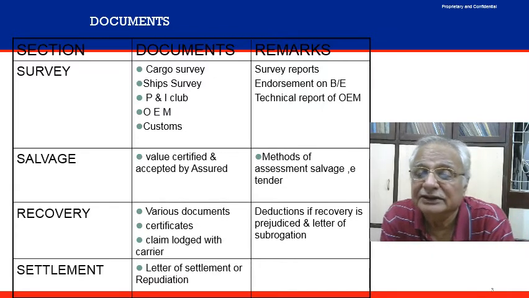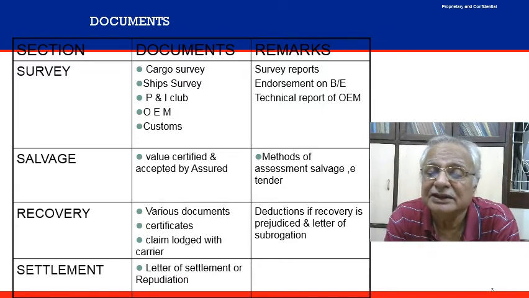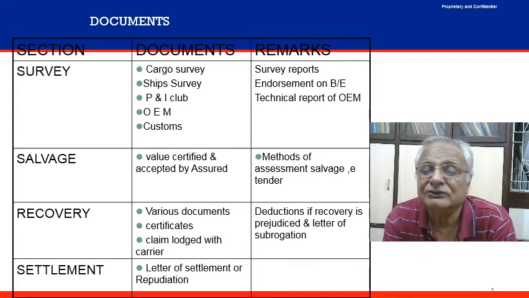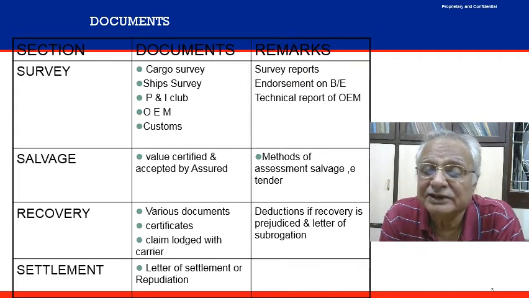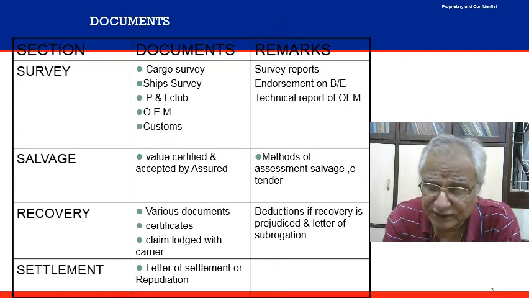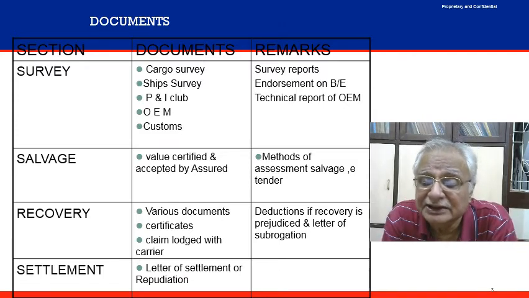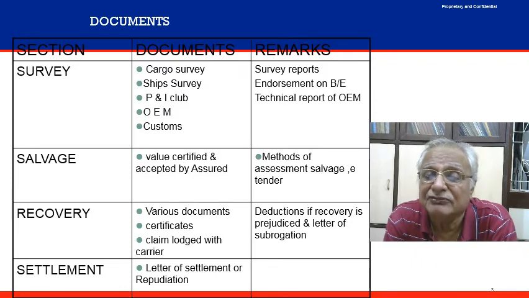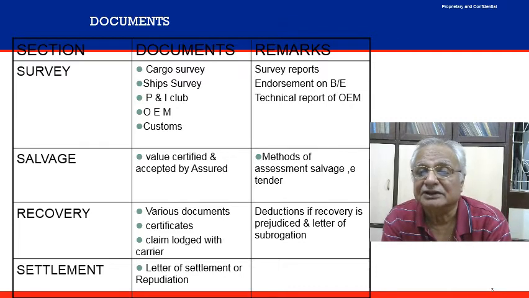The ship surveyor is appointed by the vessel agent or the owner of the vessel whenever damages are reported. For any serious damages, when there is a possibility of vessel arrest, to safeguard their interest they will ask the P&I club, and the P&I club will appoint their surveyor for a joint survey.